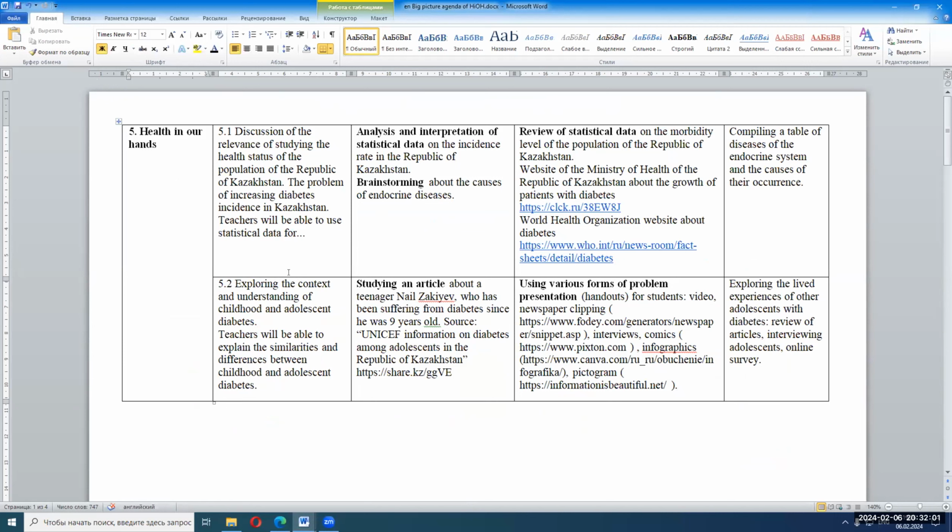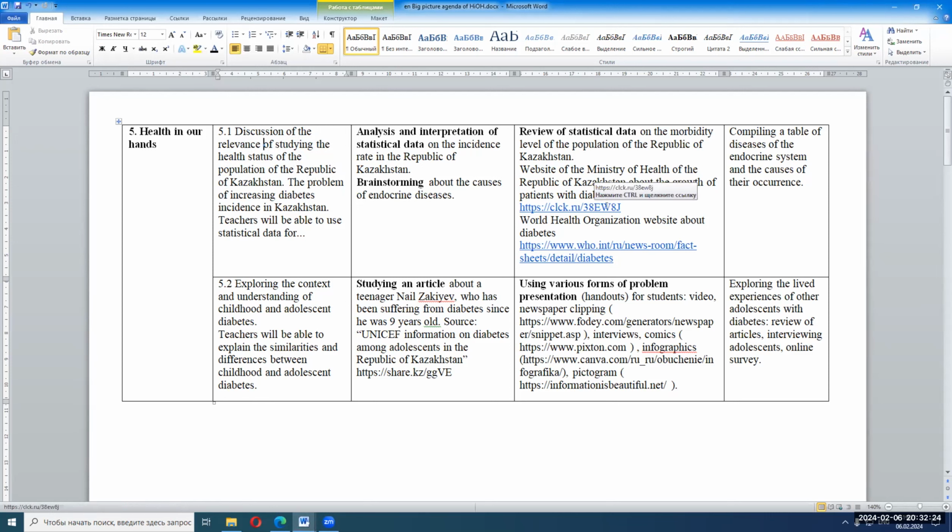Part 1, this is not goals. We will write goals later, but it's just like a topic. So first is discussion of the relevance of studying the health status of the population of the Republic of Kazakhstan in our country. So analyzing and interpreting of statistical data.